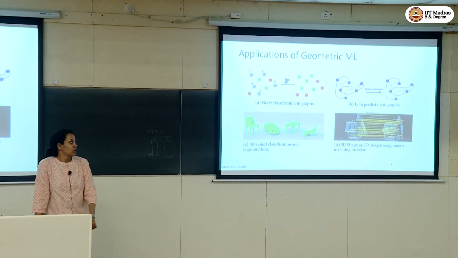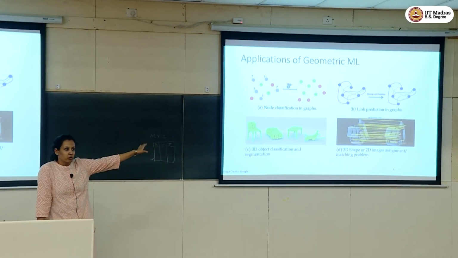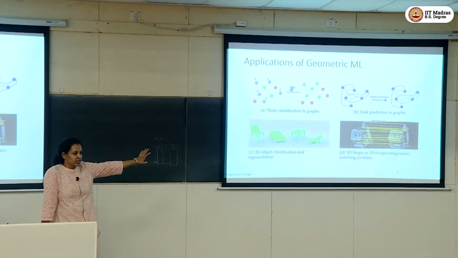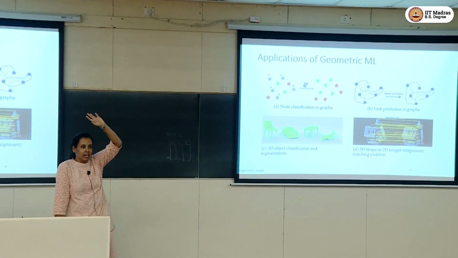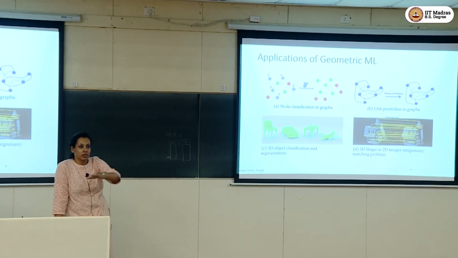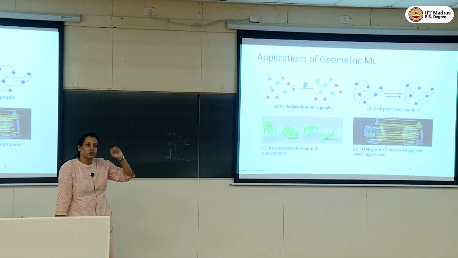Yes, so this is for a particular object. You can also do it for a scene. Let's say you have an image. In a scene, what can you have? You can say that there is a ceiling, right? You can segment all of these parts. There are, let's say, 5 chairs in the room in that image, or there are 2 cars in that scene, 2 trees in the scene. So they would be segmented with the same color, right?